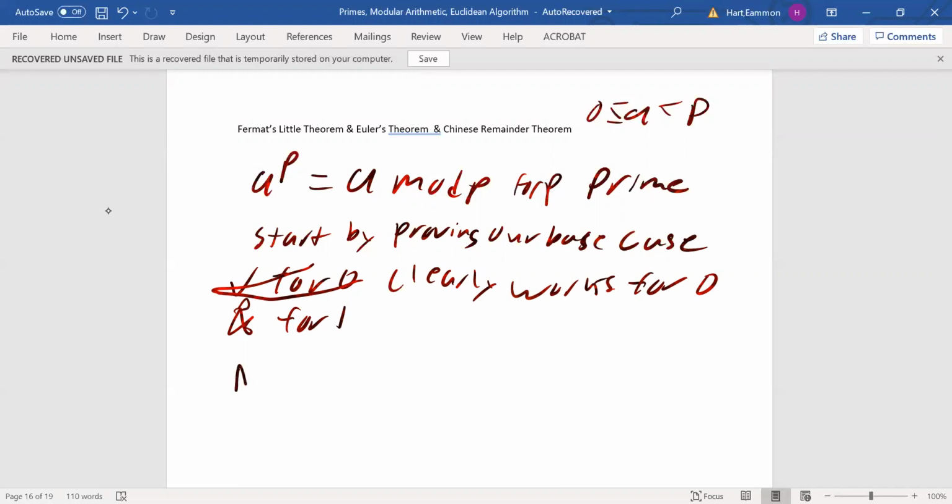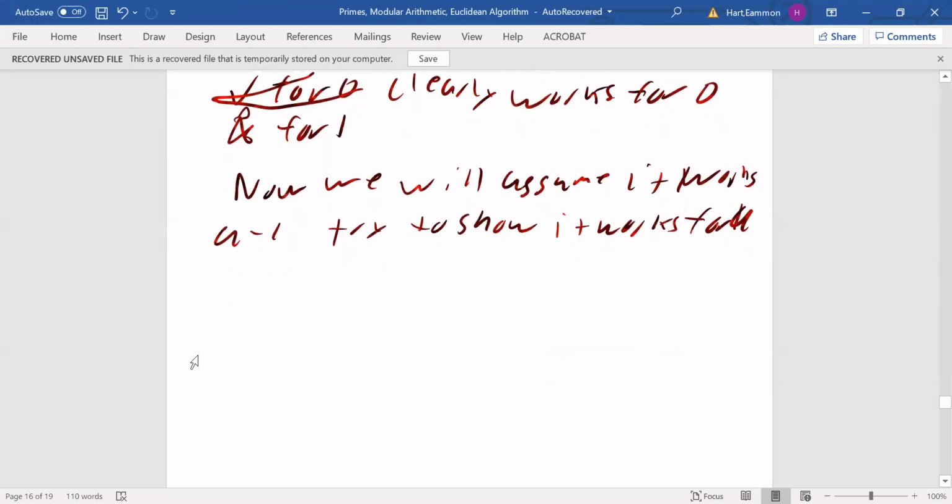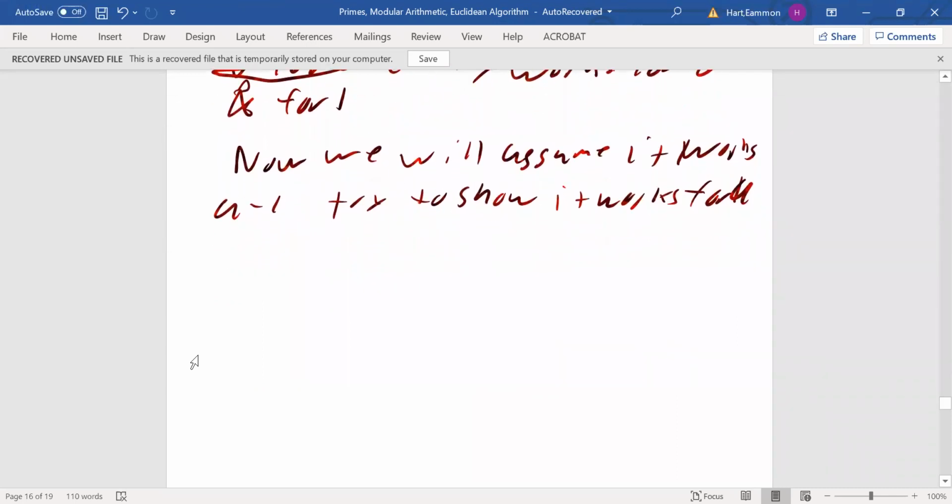So now we will assume it works for a minus 1 and try to show it works for a. So this is slightly different from our normal system. We usually assume it works for n and then show that it works for n plus 1, but this is entirely equivalent. We're jumping from a minus 1 to a, so we're just doing a single jump. That's fine.